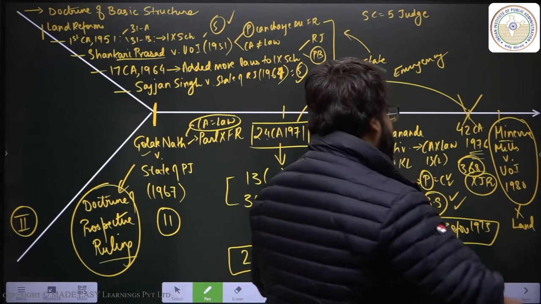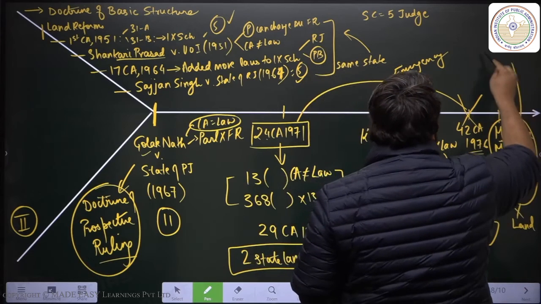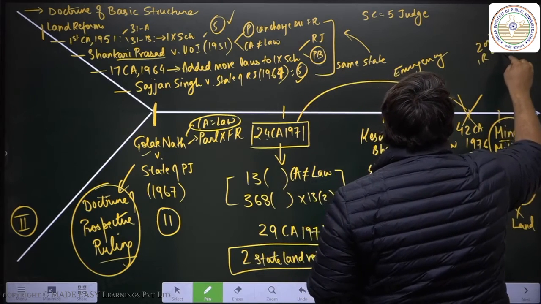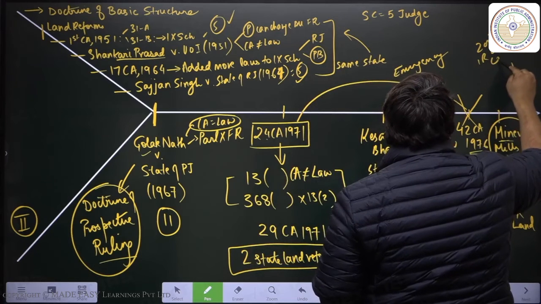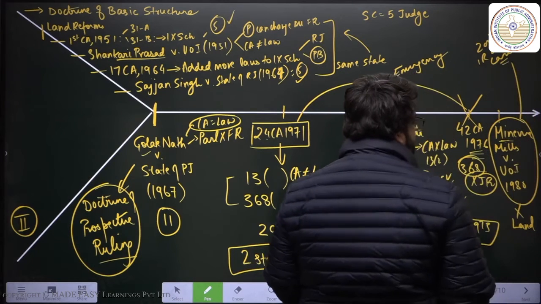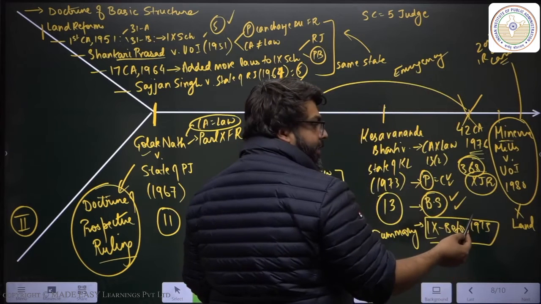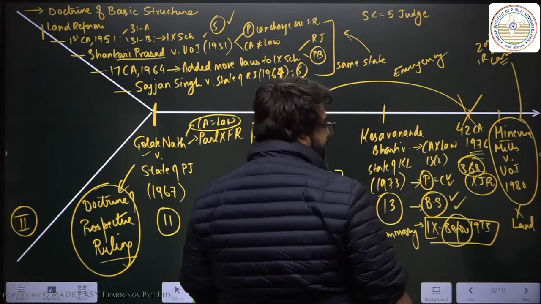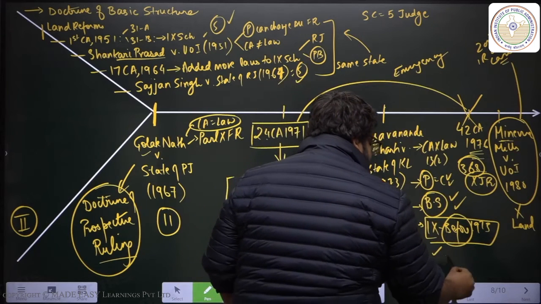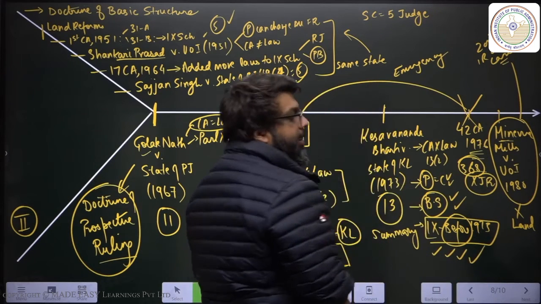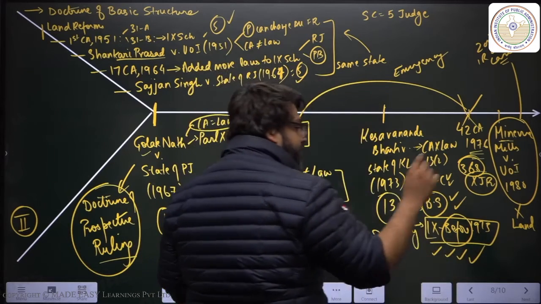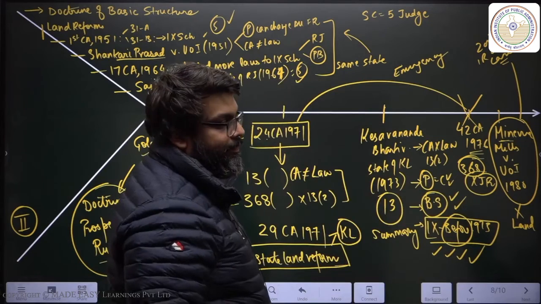And a few years later, in 2007, in the I.R. Coelho case, the Supreme Court held that any amendment or any addition, even before 1973, can also be challenged in the Supreme Court. Not only after, but also before.